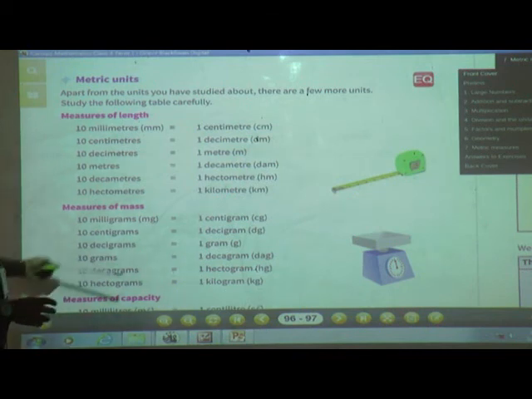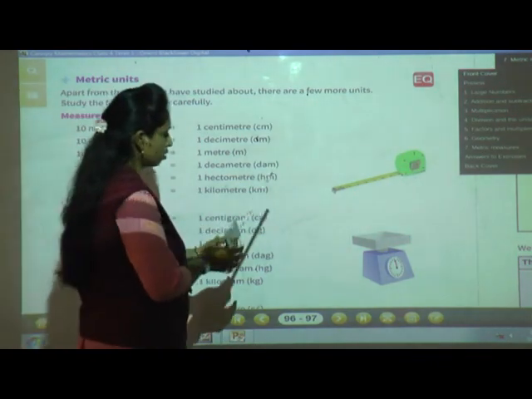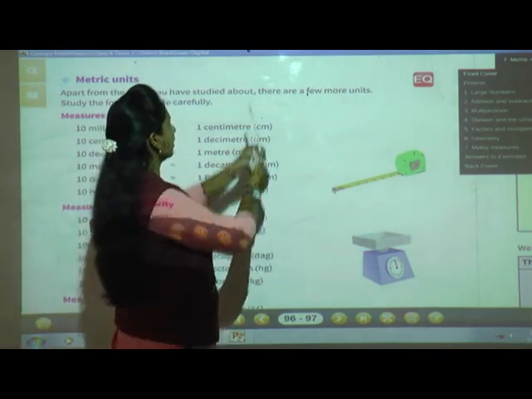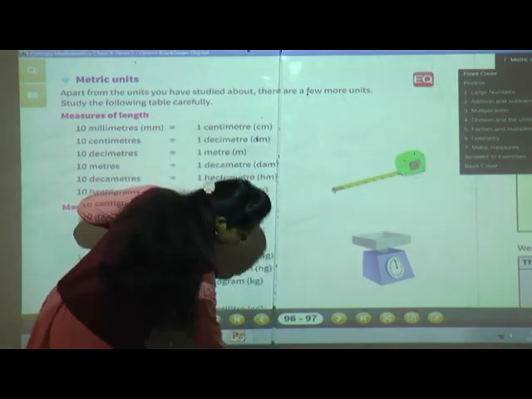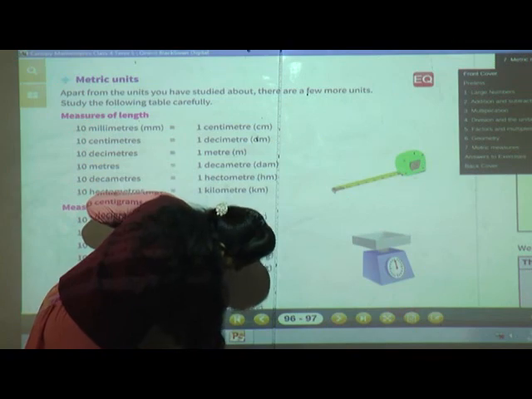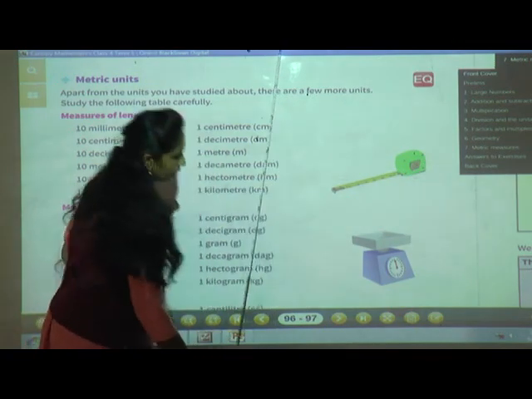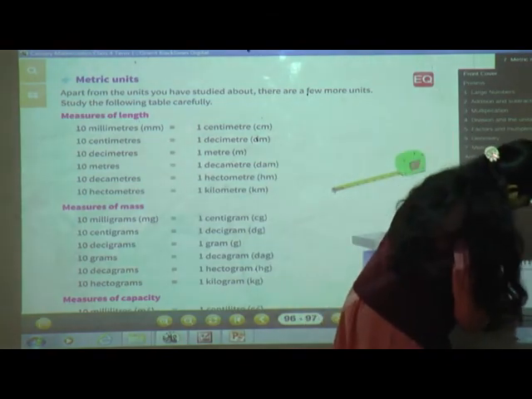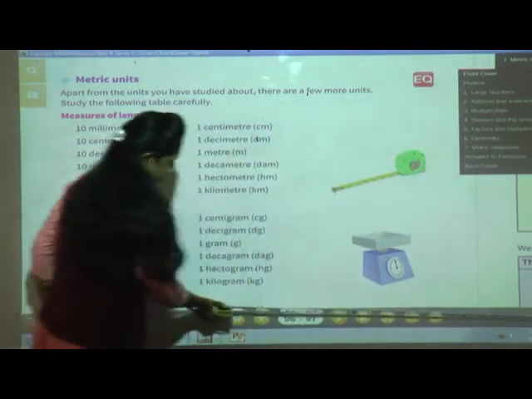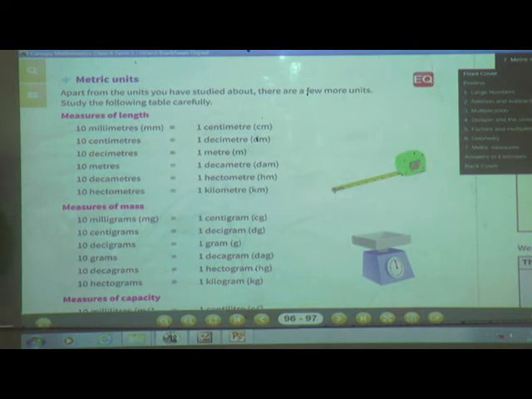For example, if I want to measure this blackboard's length, what will I do? I'll start from this end till here. See, 47 centimeters. Okay, I can measure in this way also, or else I can measure from here till here.